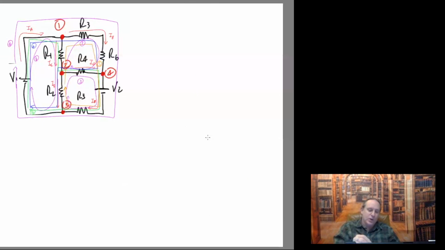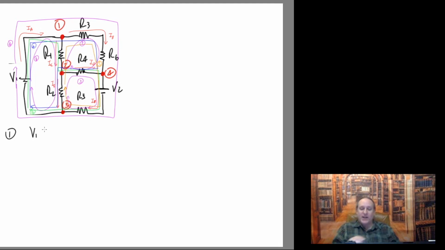Okay, we'll start with loop 1. So loop 1 was just the left-hand side. We should have a positive V1, and I did all of my loops going clockwise. Okay, all of them are going clockwise.